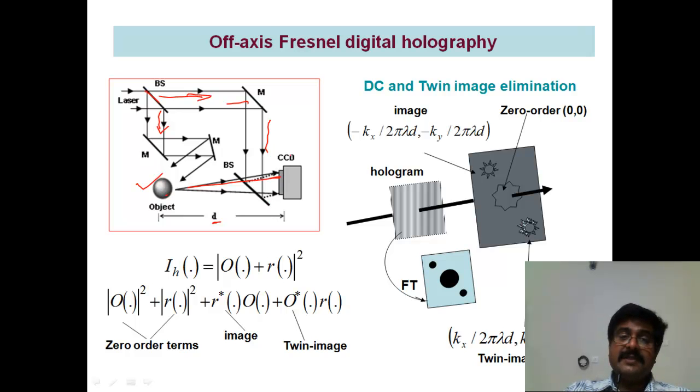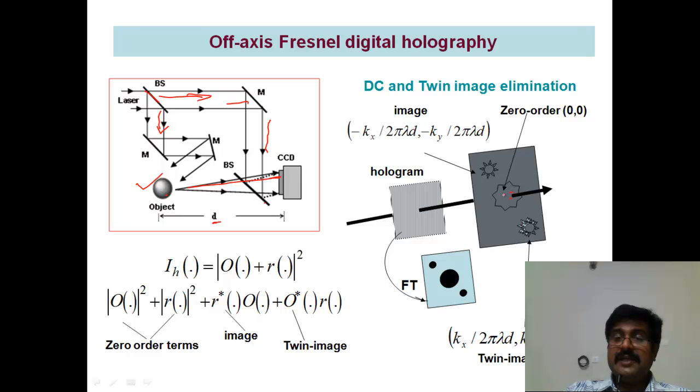So the problem is the CCD may not be able to utilize the complete spatial bandwidth because of this model. But the advantage is, in previous inline holography, all the terms are merged together. But here, after reconstruction, you have separation: DC, the focused image and the twin image.